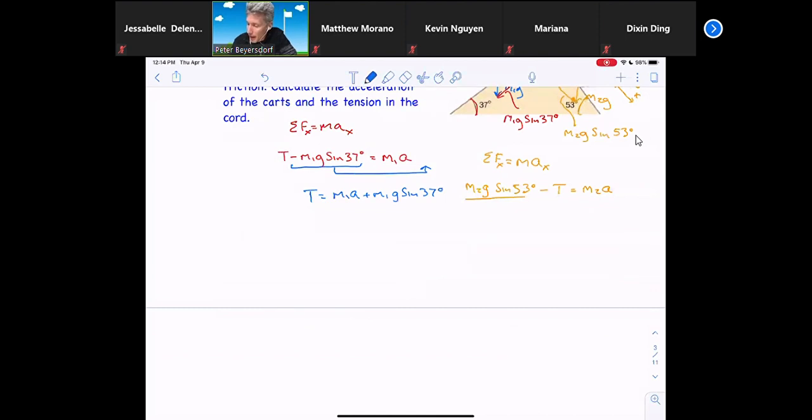And now that I've done that, I can take this expression and plug it in here for the tension. And when I do, I've got this m2g sine 53 degrees term, and then I subtract the tension. So minus the first term and also minus the second term. I have to make sure that I distribute that minus sign.